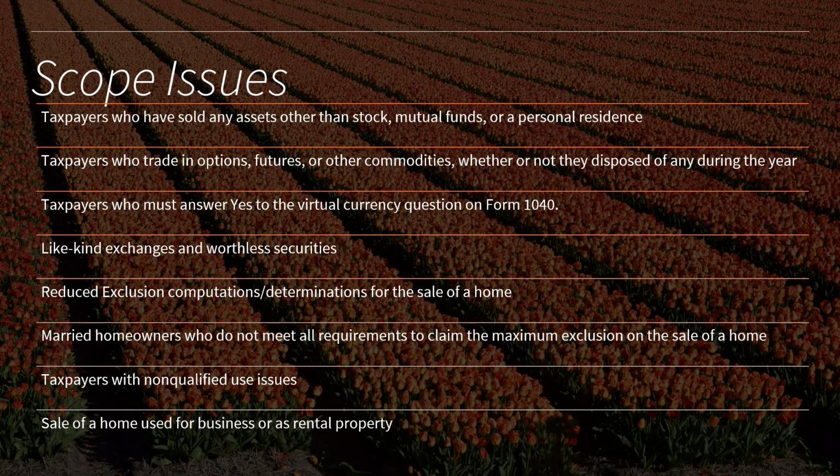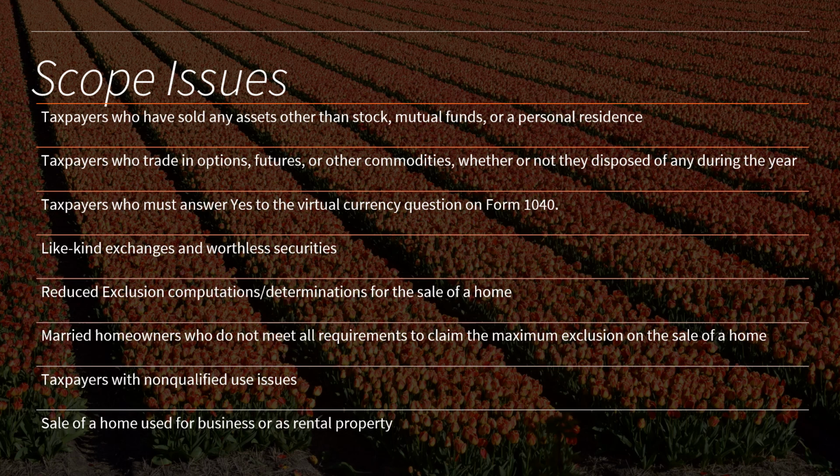Also, there's like-kind exchanges where the taxpayer is receiving property in exchange for property they're giving up, and worthless securities, those are out of scope. And then in regard to the sale of a home, anytime that taxpayers might need to be reducing that exclusion amount, or if we have married homeowners that don't meet all the requirements to claim the maximum exclusion, or if they had use issues that weren't qualified, we need to be sending them to a paid preparer as well.